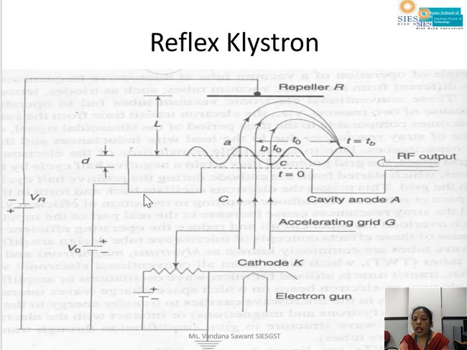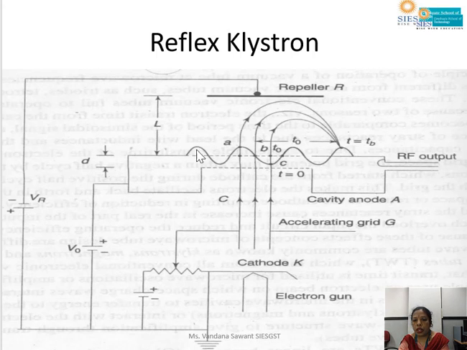This cavity will act as a resonating cavity or resonator. This is also called a cavity resonator. That means it will have some resonant frequency, and whatever signal is present inside the cavity will resonate at that particular resonating frequency. Now this cavity will have the resonant frequency in the microwave range, that is above 1 gigahertz.